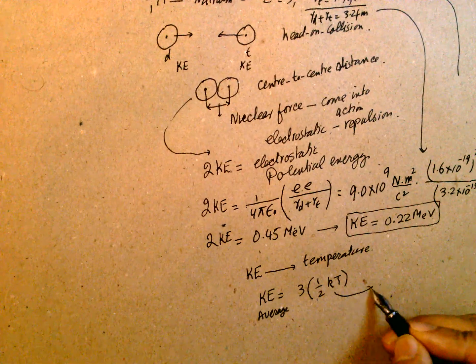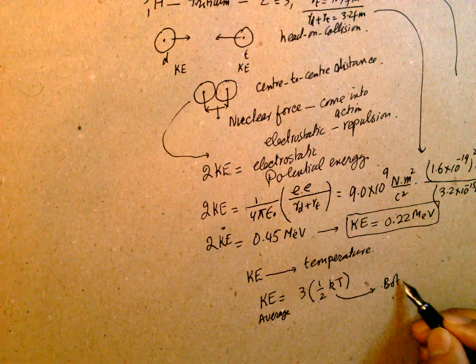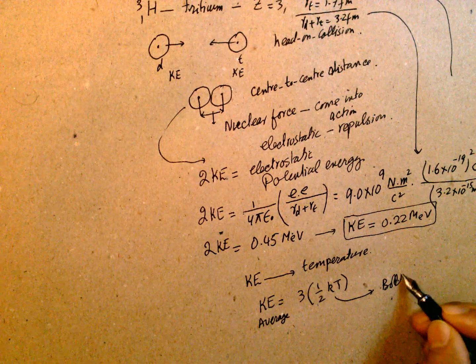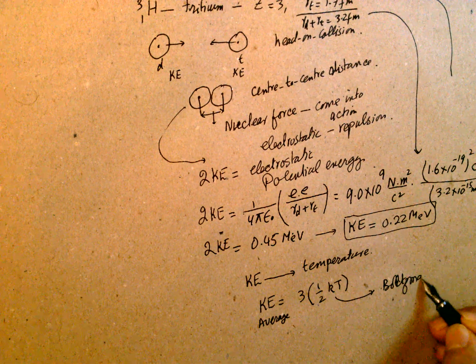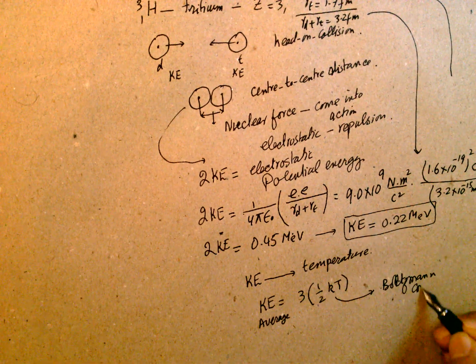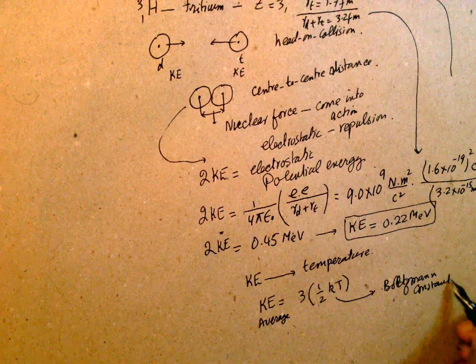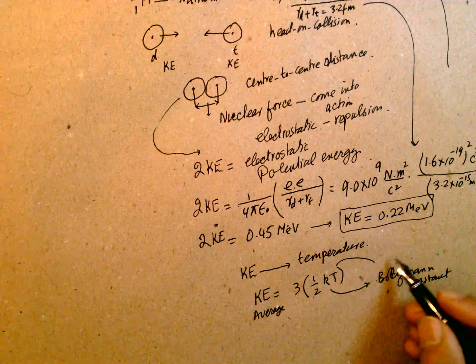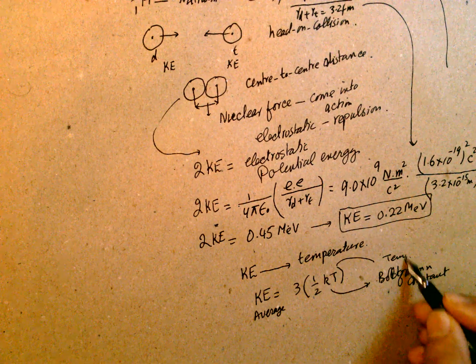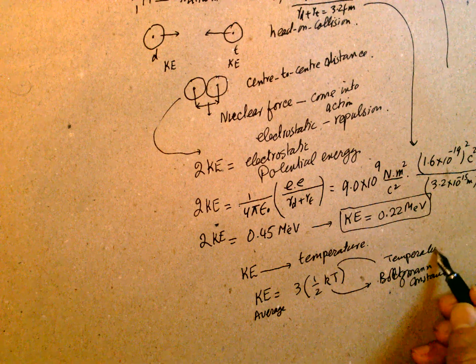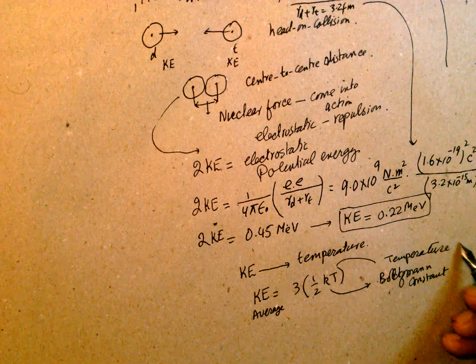K is the Boltzmann constant, and T is the temperature in Kelvin.